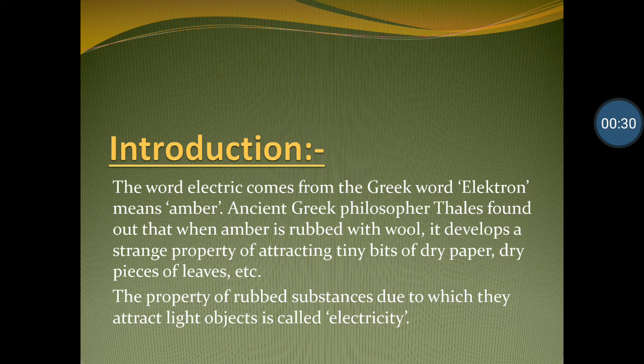Ancient Greek philosopher Thales found out that when amber is rubbed with wool, it develops a strange property of attracting tiny bits of dry paper, dry pieces of leaves, etc. The property of rubbed substances due to which they attract light objects like bits of dry paper or pieces of leaves is called electricity.